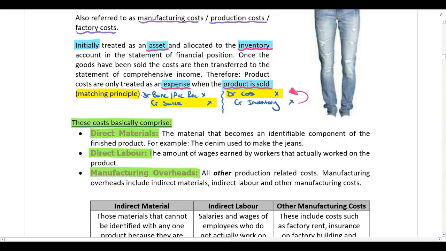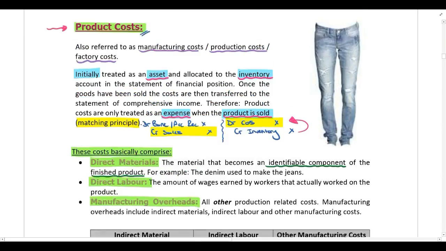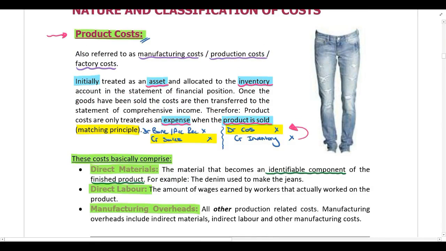So let's go through each of these costs in more detail. What is direct material? Direct material is the material that becomes an identifiable component of the finished product. So I want you to assume we own a company and the company makes denim jeans.